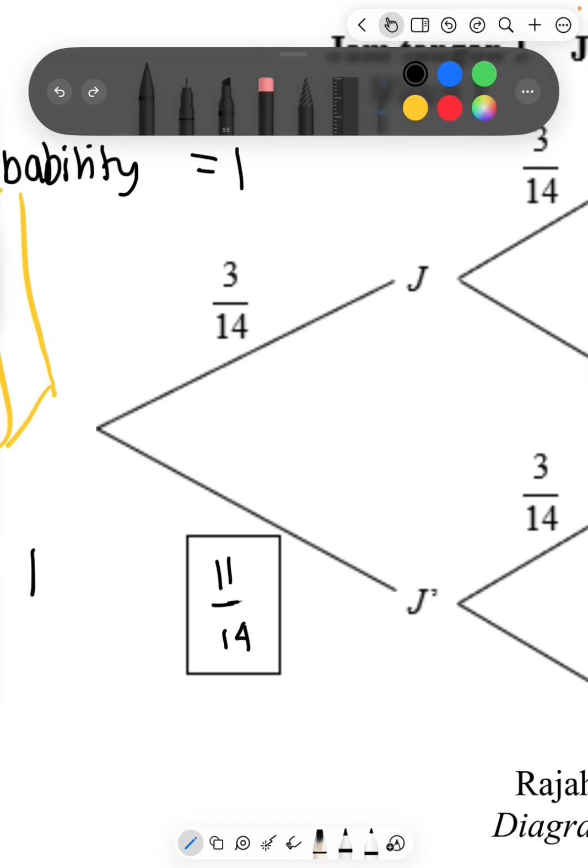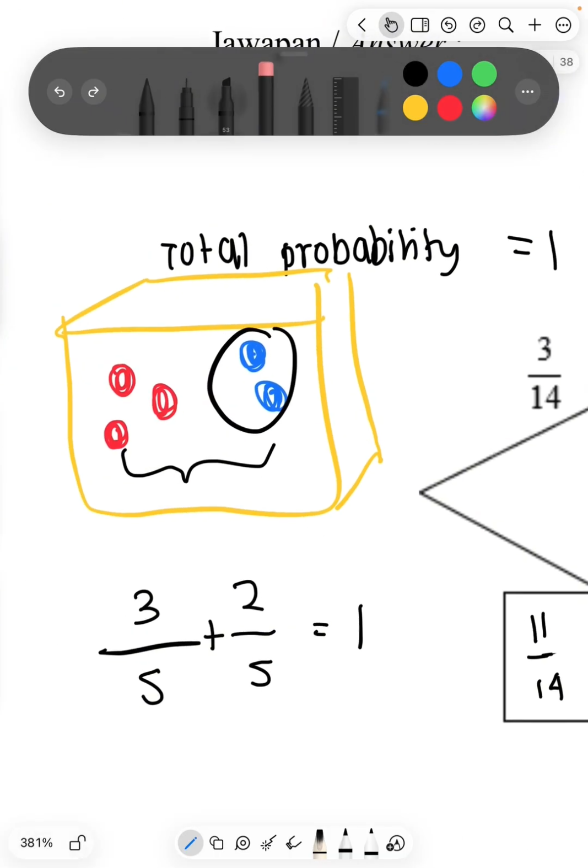Because as you don't replace it, the probability keeps on decreasing. Let's say if you get a red marble the next time, the probability of you getting a red marble the second time you pull from the box is going to be 2 over 4.